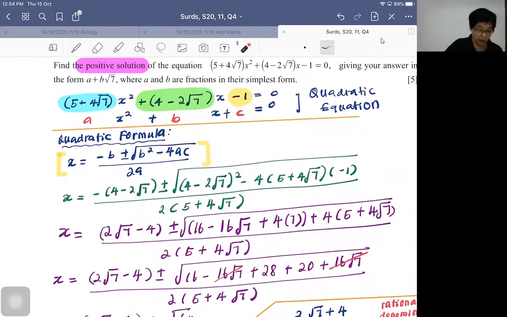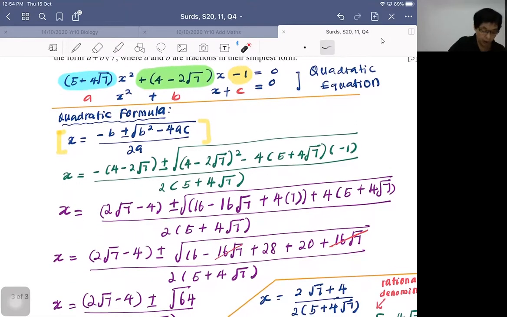By doing the formula correctly, what you just need to do is, from the equation given, recognize what is the a, what is the b, and what is the c. Then you substitute each of them accordingly, but be careful. Do not fall prey to careless mistakes. So negative b plus minus a huge square root, b squared minus 4ac, over 2a.